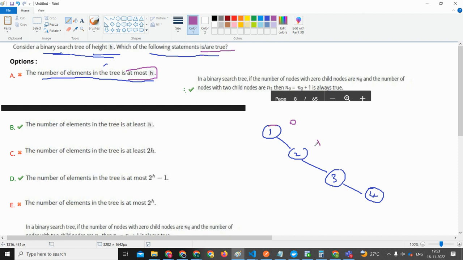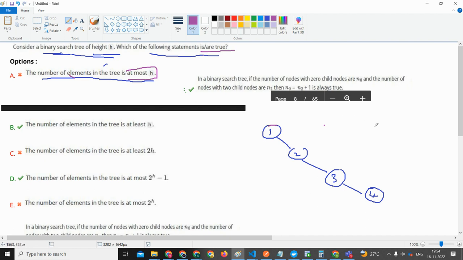Most of the time it will be more than the height. It's saying at most h, but we can have many more elements than that, right? The number of elements is at most 2 power h minus 1. So it can't be at most h, right?